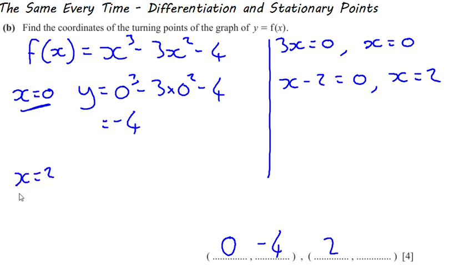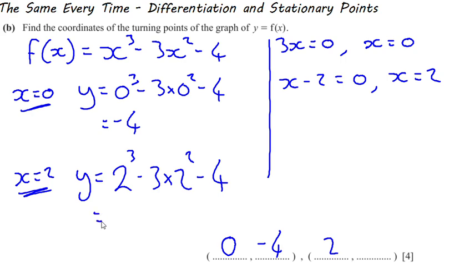And when x equals 2, I just put 2 instead of x into my original equation. It's going to be 2 cubed minus 3 times 2 squared, minus 4. So 2 cubed is 8, 2 times 2 times 2. 2 squared is 4, so minus 3 times 4 would be minus 12, and then minus 4.